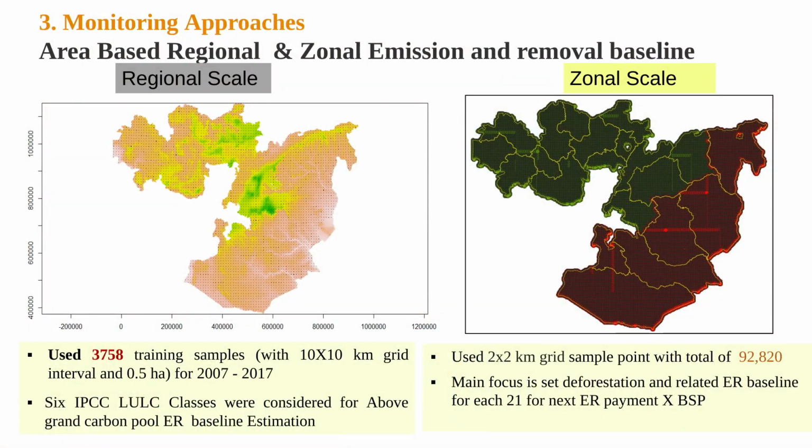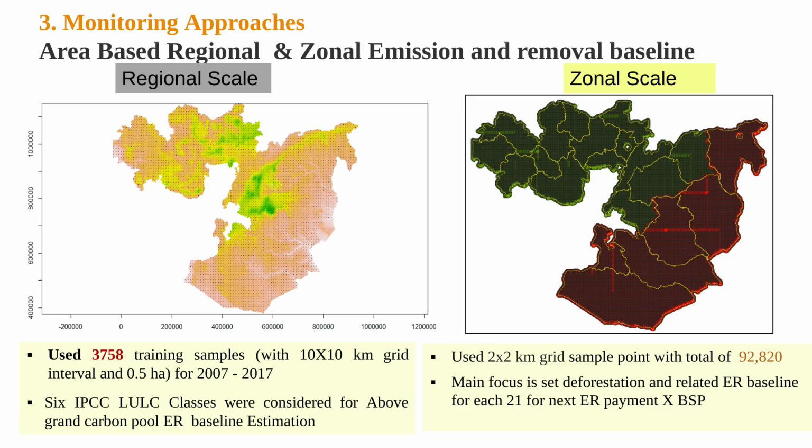So what are we doing and how can we monitor? The first figure shows the monitoring activities that we did during 2018. And the second one is the monitoring activities that we did during 2022 at zonal level.